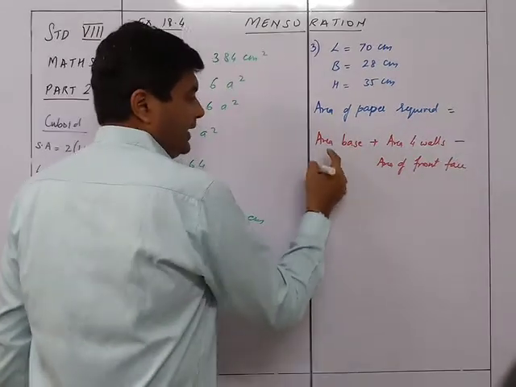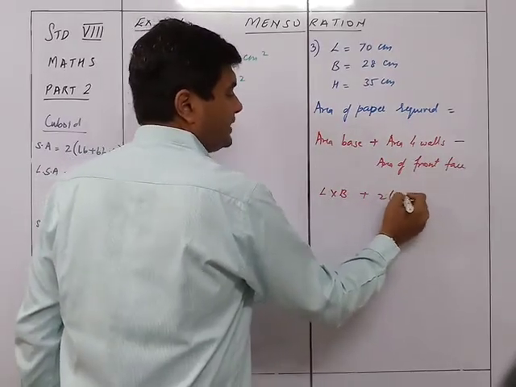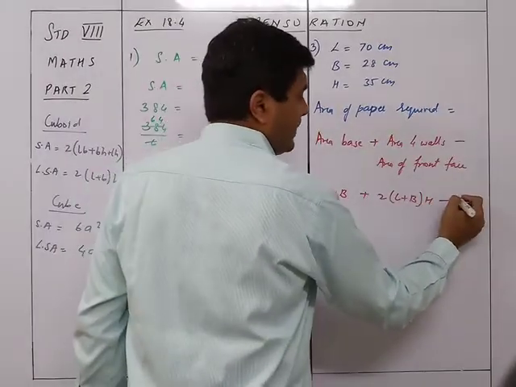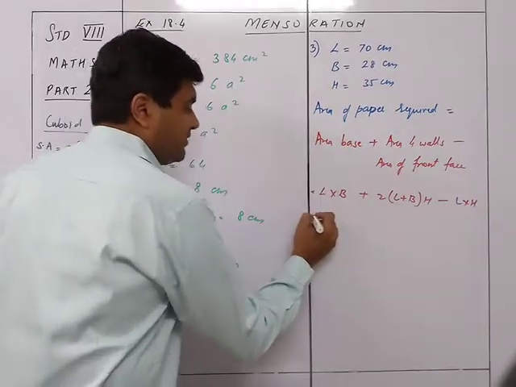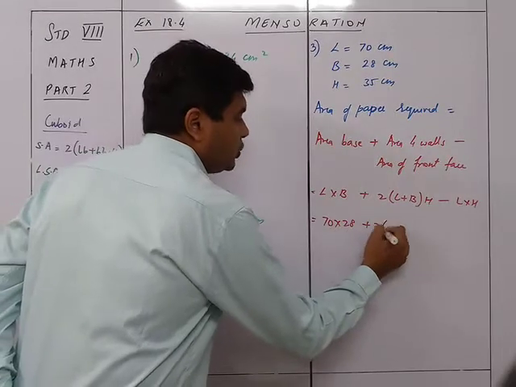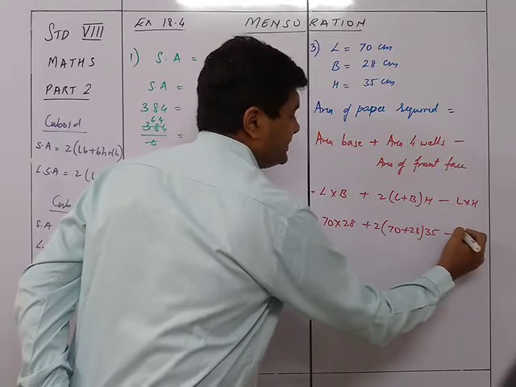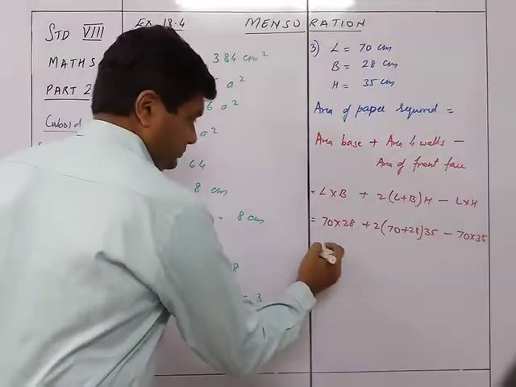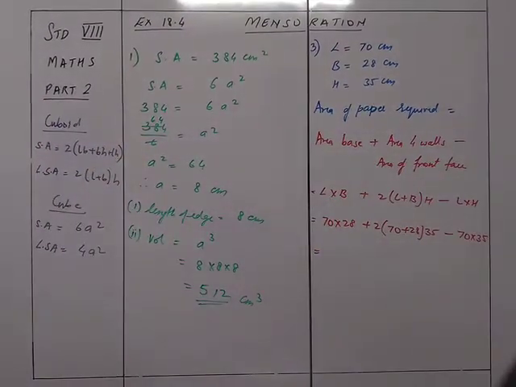So that will be area of base is length into breadth plus 2(L plus B) into H minus area of the front, which is nothing but length into height. So this gives us length into breadth, 70 into 28, plus 2 into (70 plus 28) into 35 minus 70 into 35. So this will give us, as we had found out earlier.